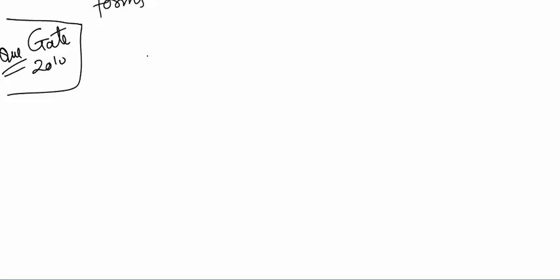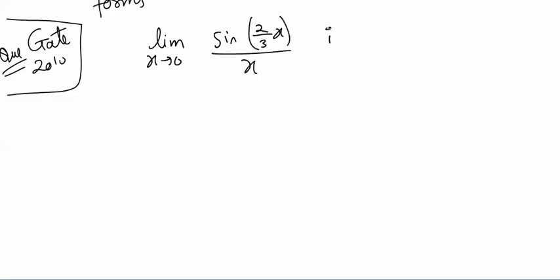The question was something like, the limit x tends to 0, sin(2 by 3 x) upon x is, your options were 2 by 3, 1, 3 by 2, and infinity.